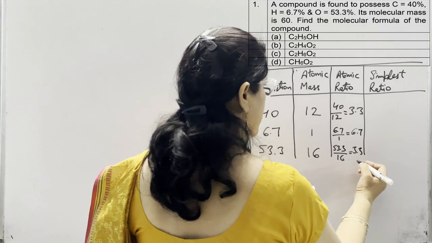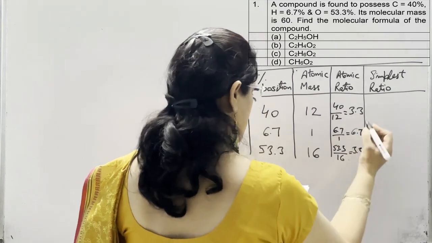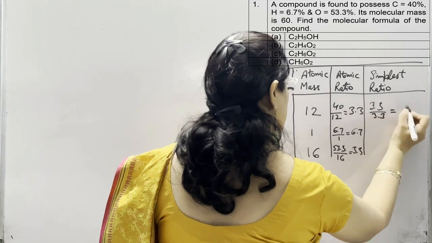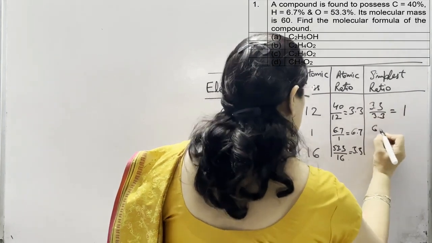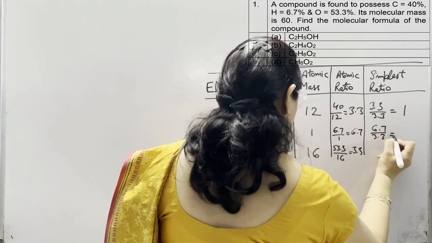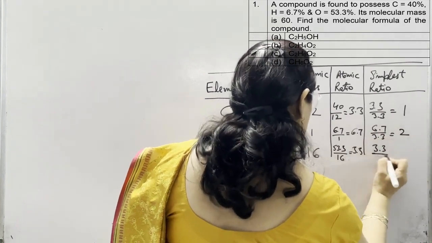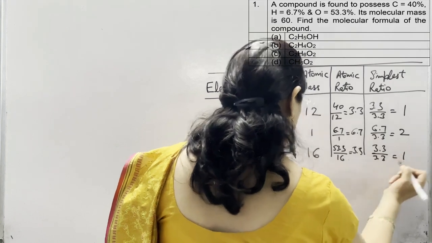For the simplest ratio, we need to choose the smallest value, it means 3.3. So in the first case, 3.3 divided by 3.3 means 1. Then 6.7 divided by 3.3 means 2. And next 3.3 divided by 3.3 means 1.